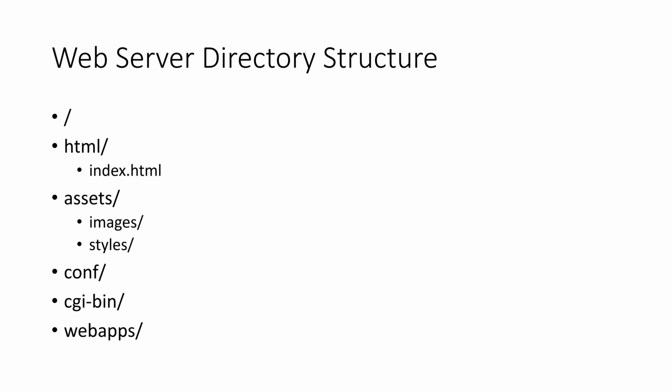Even if CGI is outdated now, the folder is still seen in many setups. Lastly, web apps might hold full web applications like admin dashboards or blogs. Keeping the directory well structured helps in managing content, troubleshooting, and scaling up the process when needed.